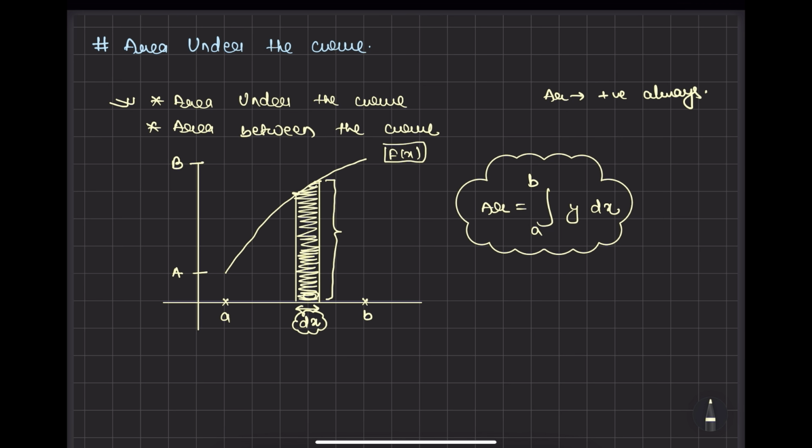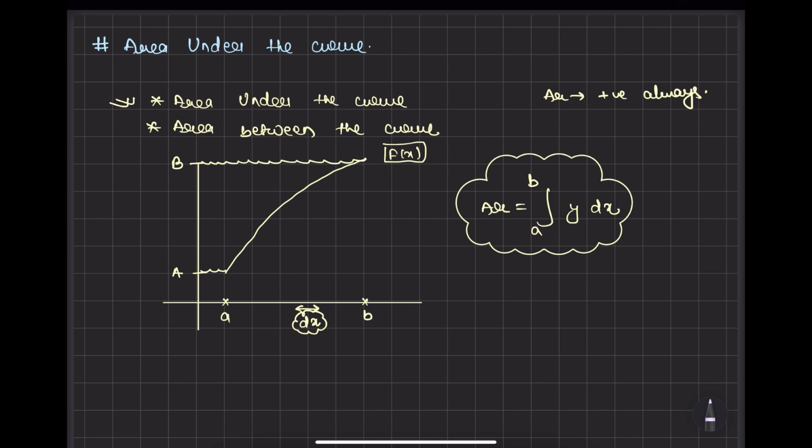Sometimes calculating area along the y-axis becomes much more convenient, so you can go with both situations. This is situation number 2. Again we take a smaller strip. I will change the color so that you can develop understanding.